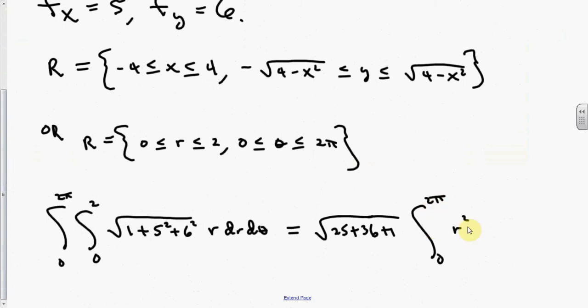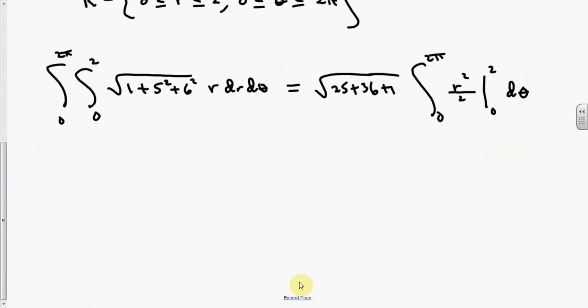We get r squared over 2, r goes from 0 to 2, d theta. What is that? The square root of 62? 62. Yeah.